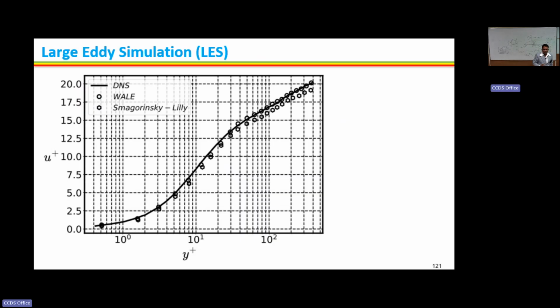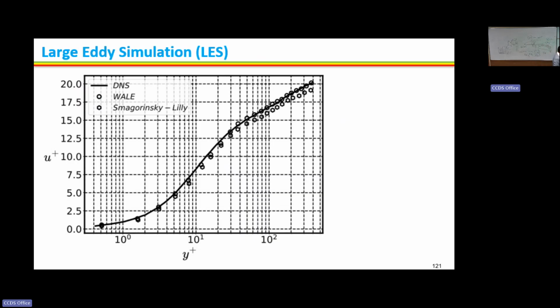The complexity is the intensive computational requirement. The grid size that you need for the RANS computation, if you are doing LES, maybe you need 20 times, 30 times more grid structure.